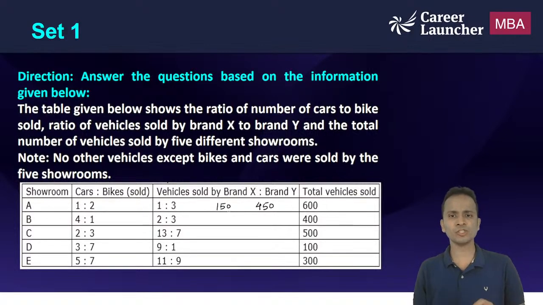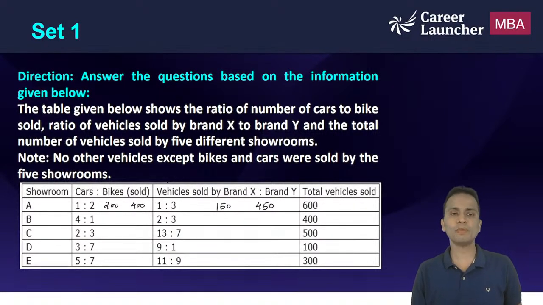Okay, so 600 when divided in the ratio 1:2, so 1 plus 2 is 3. So 600 divided by 3 is 200. So 200 multiplied by 1 and 200 multiplied by 2. So the number of cars is 200 and the number of bikes is 400. I'm writing these values in the table.